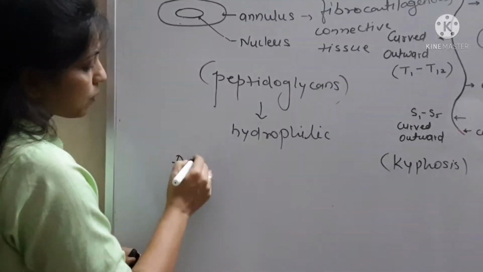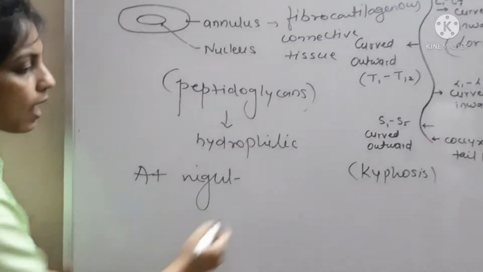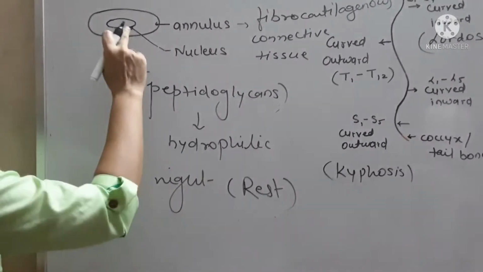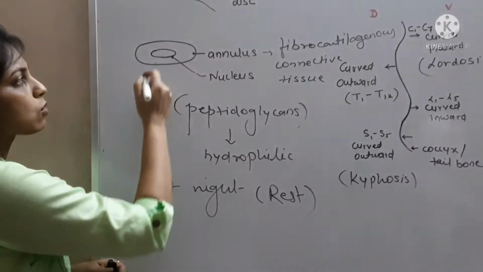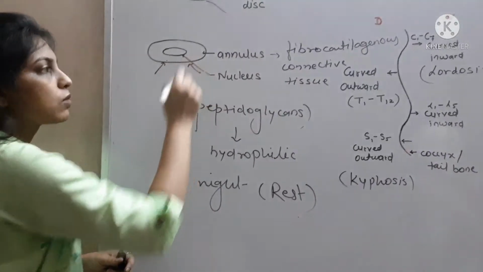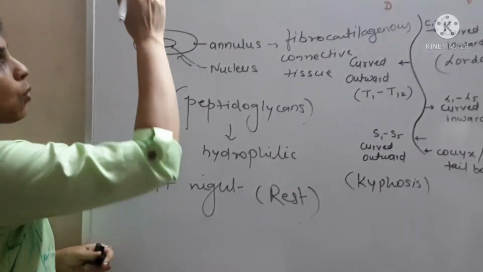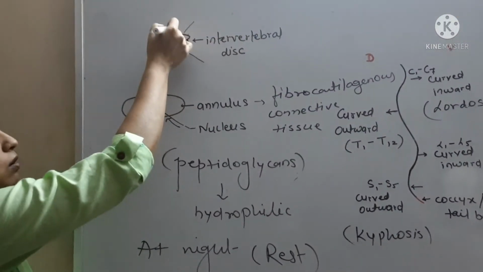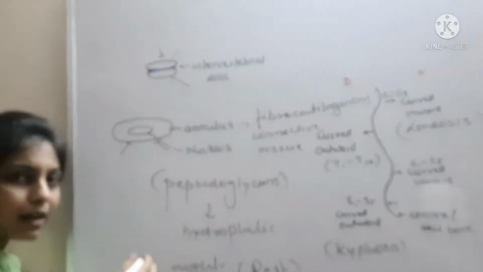At night, when we are in a resting condition, the peptidoglycan molecules of the nucleus absorb fluid from the surroundings and it swells. Whereas during daytime, whenever there is pressure, the superior vertebrae exert pressure as we are in an erect posture or standing position.